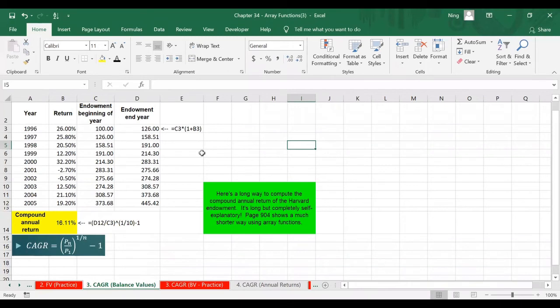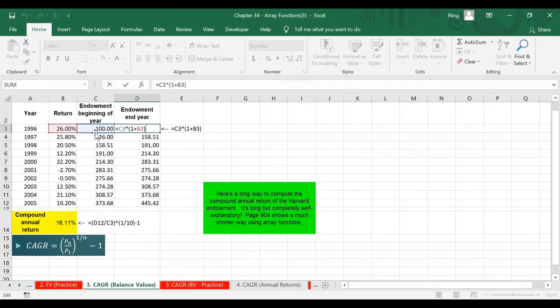Now let's first look at how you compute CAGR using the long way. Using the long way, you first have to compute the yearly balance based on the yearly return that they publish, assuming the endowment only has $100 at the beginning of 1996. Because the yearly return in 1996 is 26%, by the end of the year the investment account will have 100 times 1 plus 26%.